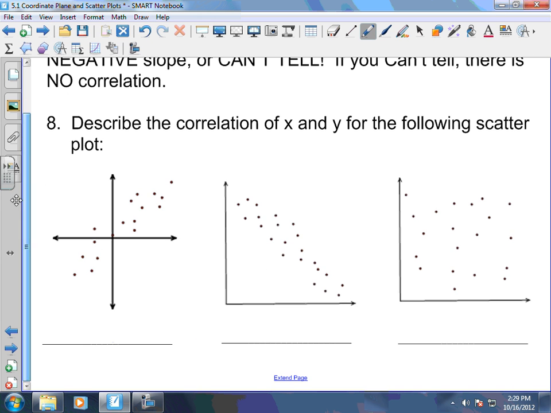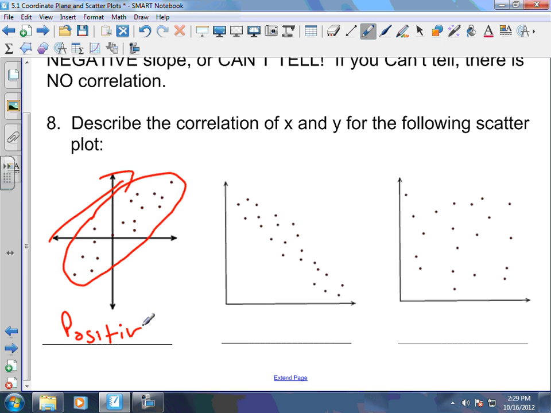Okay. I need to describe the correlation between the x and the y. I like to circle the dots so I can see which way they're going. These from left to right are going up. Okay? This goes up. That is a positive correlation.